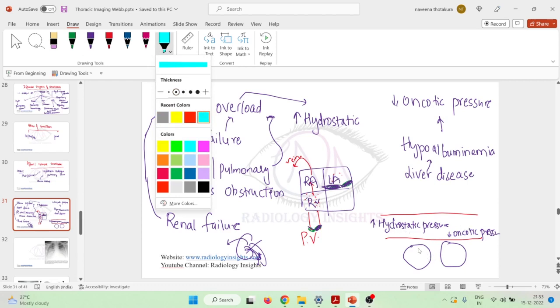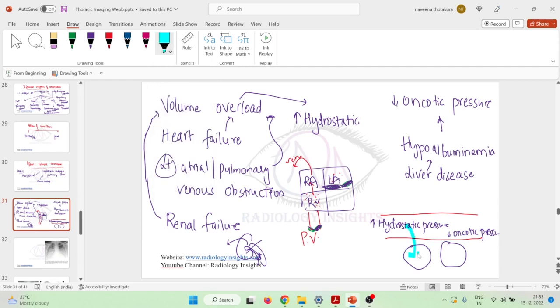Because of this increased pressure, the water will start flowing into the alveoli and the alveoli get filled with water. This will result in pulmonary edema.